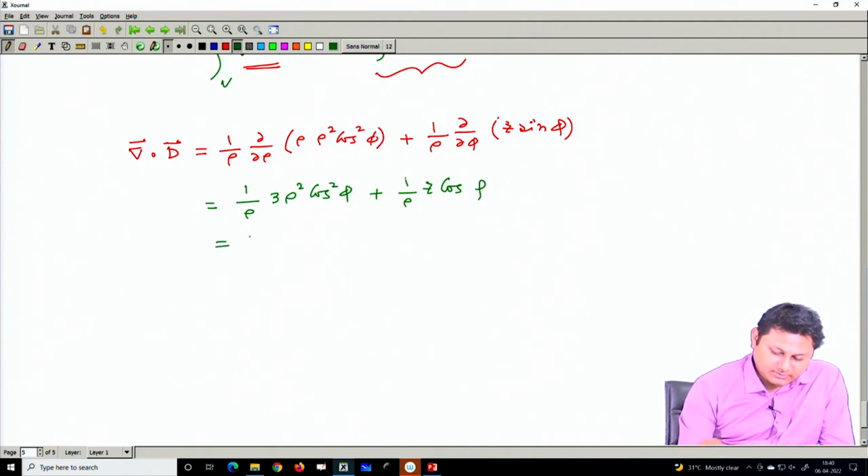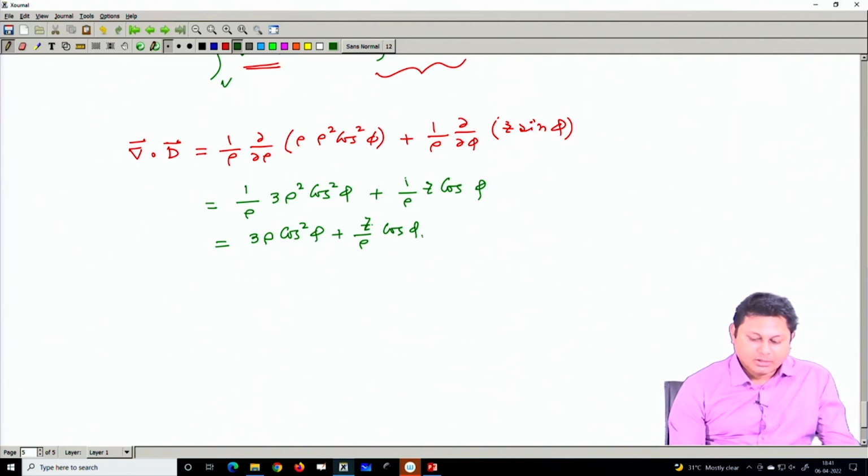So, eventually you have 3 rho cos square phi plus z by rho cos phi. So, this is the value.